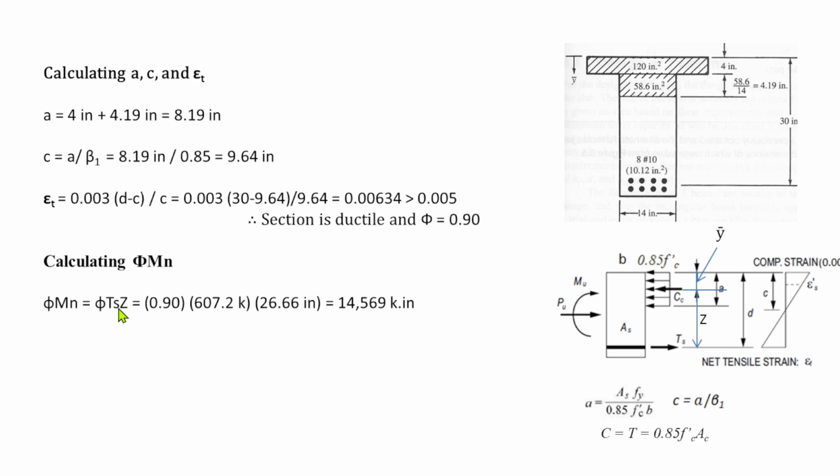So the equation is phi T Z: 0.9 times the tensile force, which is 607.2, times 26.66, the moment arm. It is equal to 14,569 kip-inches. So we convert that into kip-feet, which is 1,214 kip-feet. So that is our design strength.